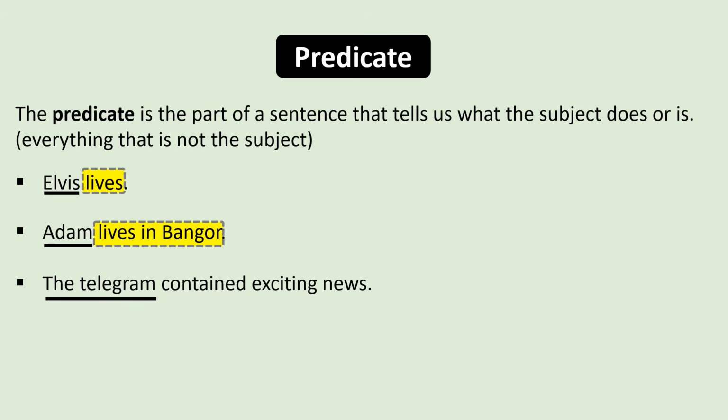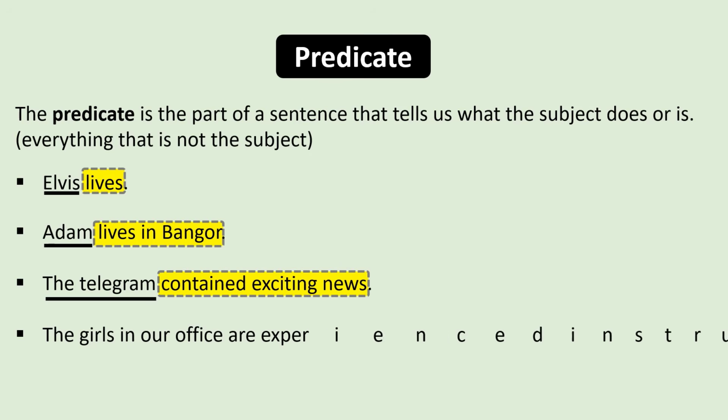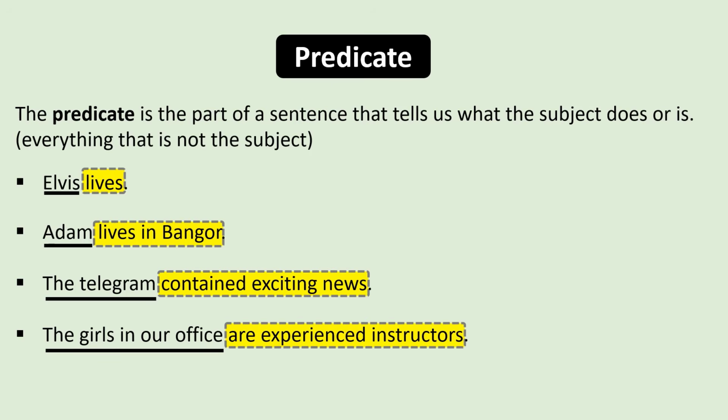The telegram is the subject, and this is the predicate. The girls in our office are experienced instructors. The girls in our office, that's the subject, so this is the predicate. Remember, it's everything that is not the subject. It's the part of the sentence that tells us what the subject does or is.